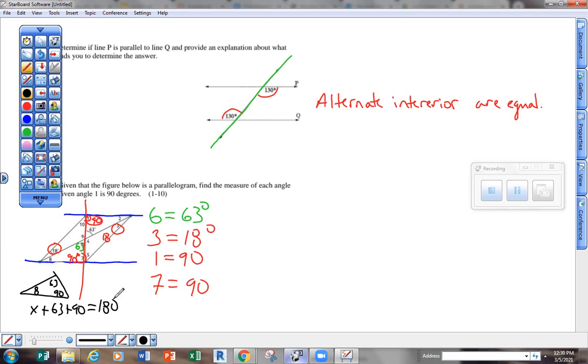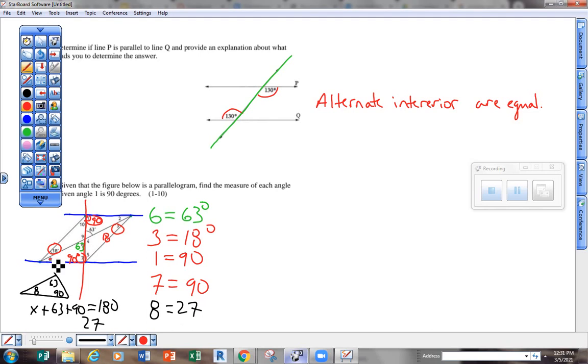So that would have to be, if I could get that right, sorry about that. That looks like 27 degrees. That angle 8 has to be 27 degrees.